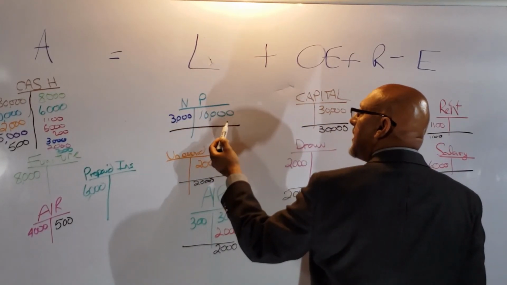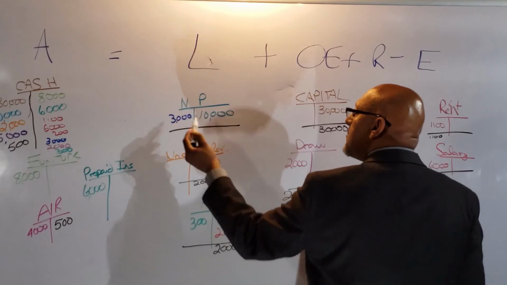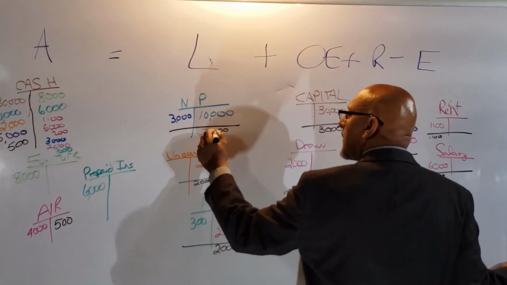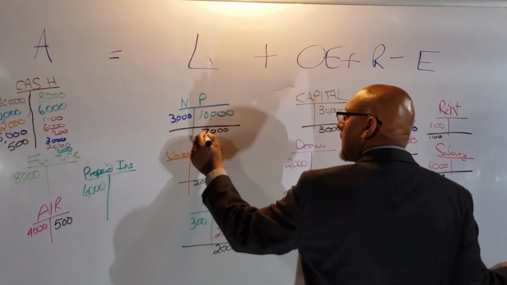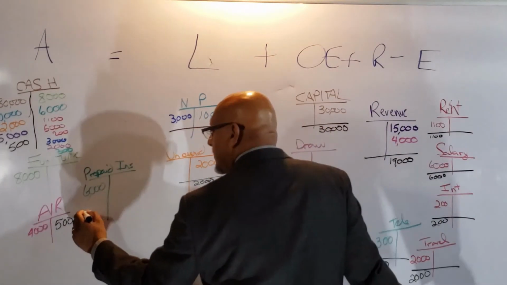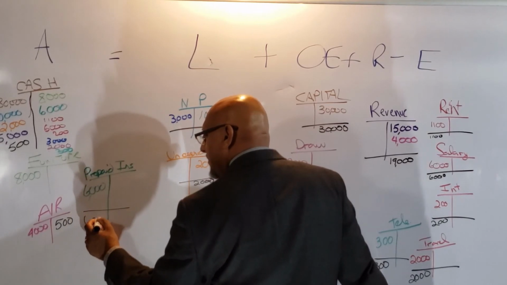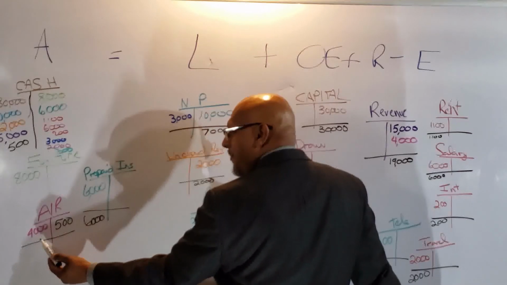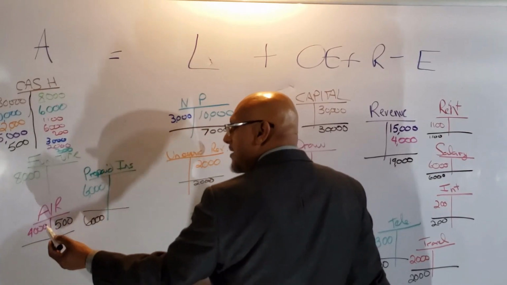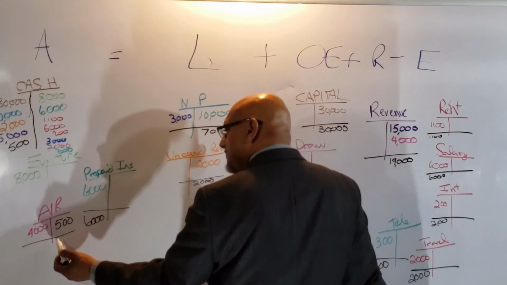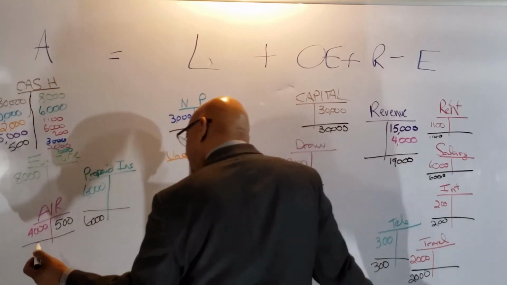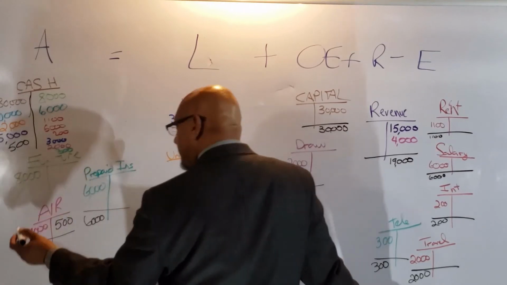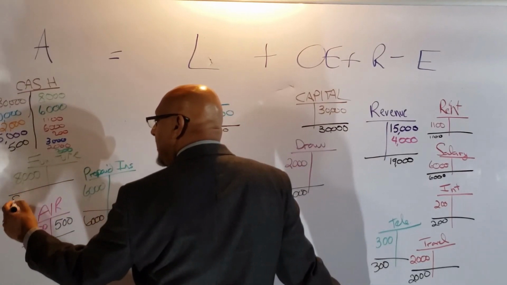The total on the right is more than the left, so 10,000 minus 3,000 gives us 7,000. Prepaid insurance is easy at 6,000 debit. AR, we have 4,000 in the debit column, we have 500 in the credit column. 4,000 minus 500 gives us 3,500. Debit. Furniture is easy, 8,000.